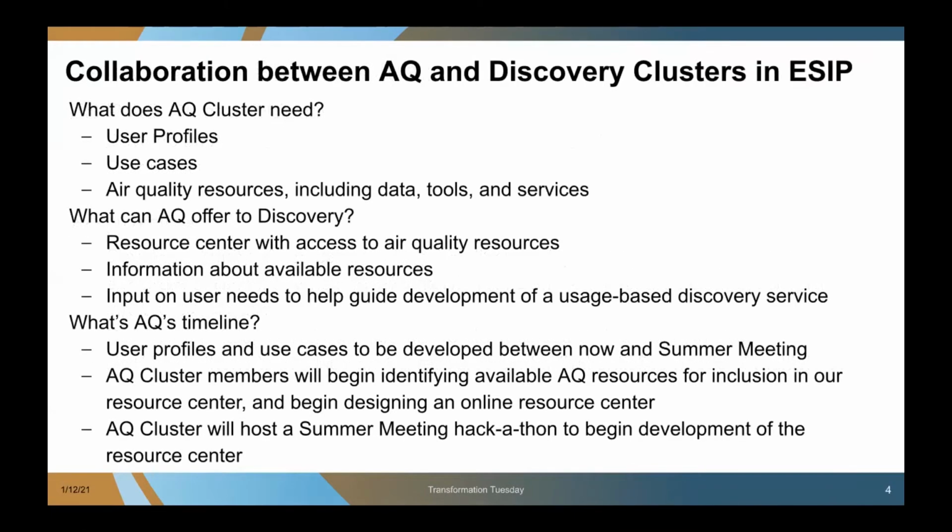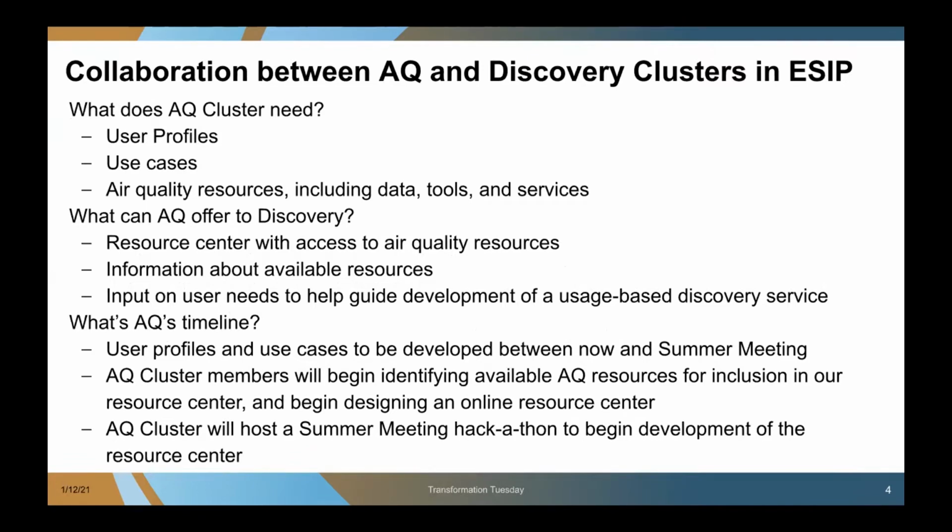So the things that we have, I think we're in a kind of catch-22 here. The things that we have are user profiles and use cases, and we're trying to develop this catalog, as I said before, of data, tools, and services.